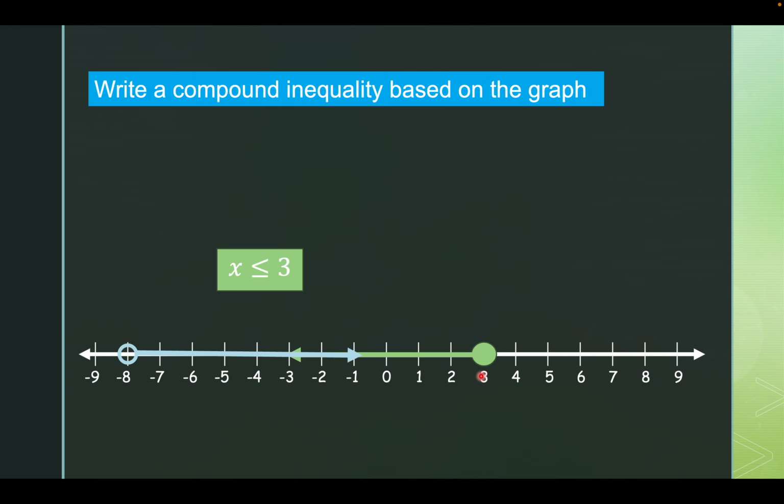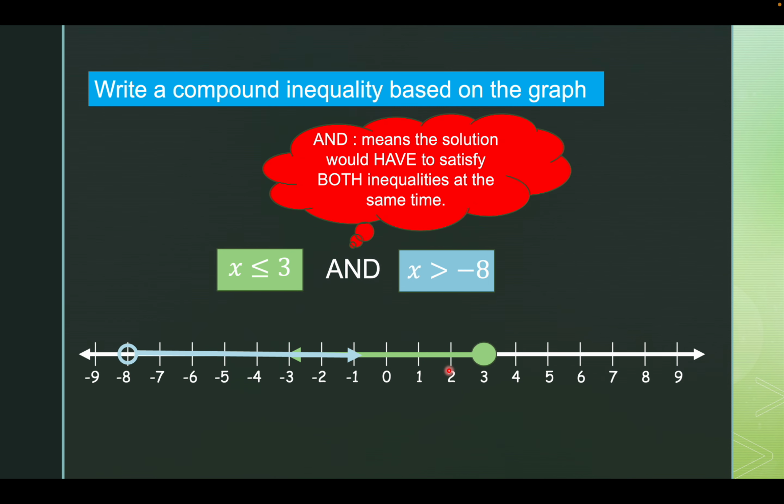The green graph describes x values that are less than or equal to 3, whereas the blue graph describes values that are greater than -8. See how the region we graph comes together? Therefore, we put and.